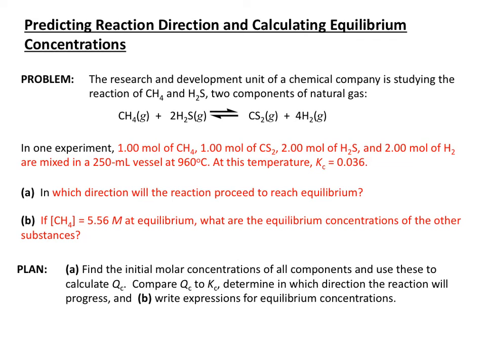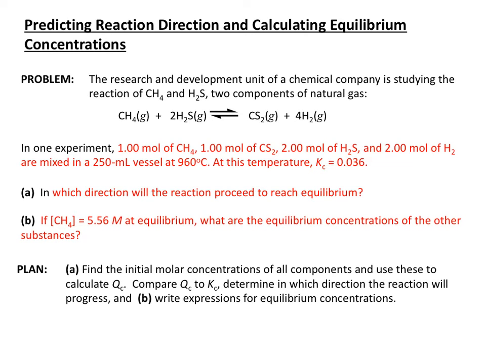The research and development unit of a chemical company is studying the reaction of methane, CH4, and hydrogen sulfide, which is H2S, two components of natural gas. And so we have an equation where we have CH4 plus 2H2S goes to CS2 plus 4H2.